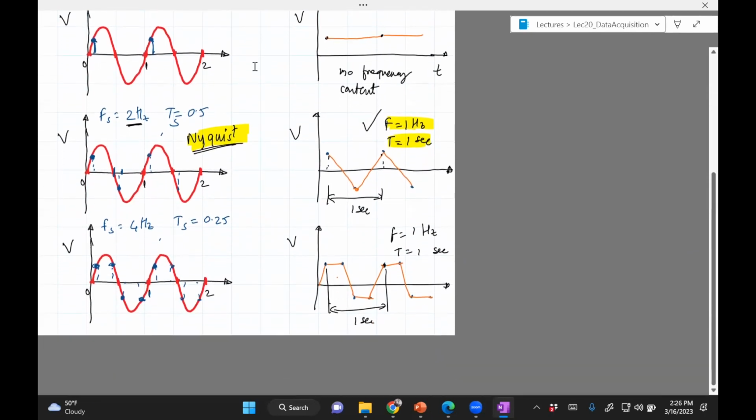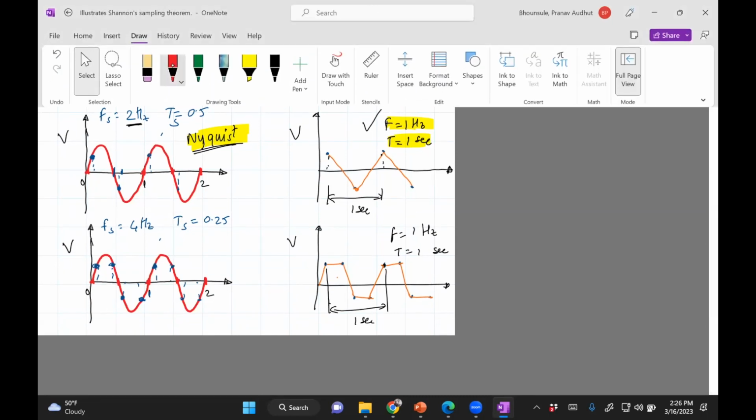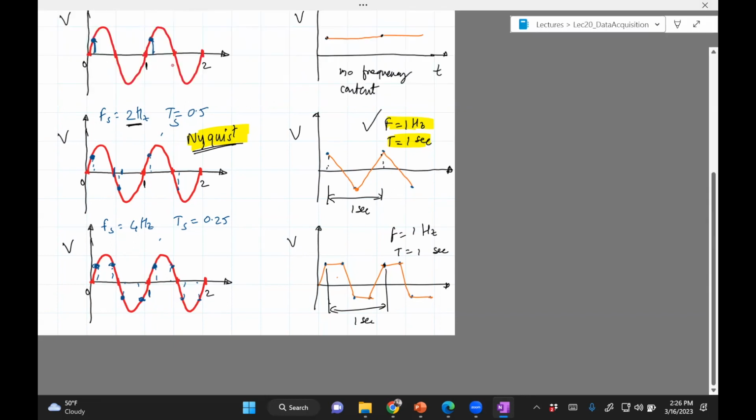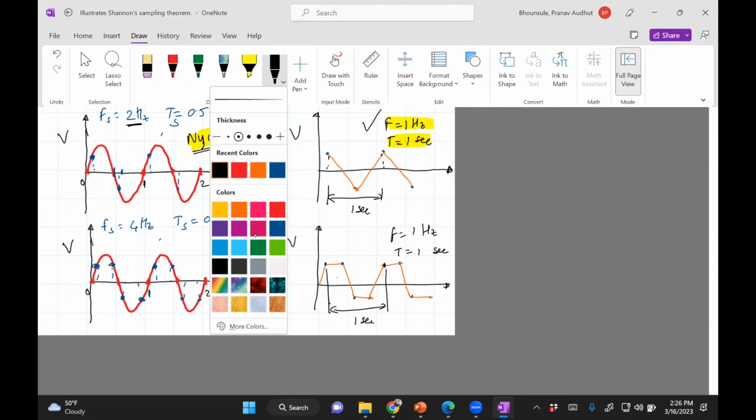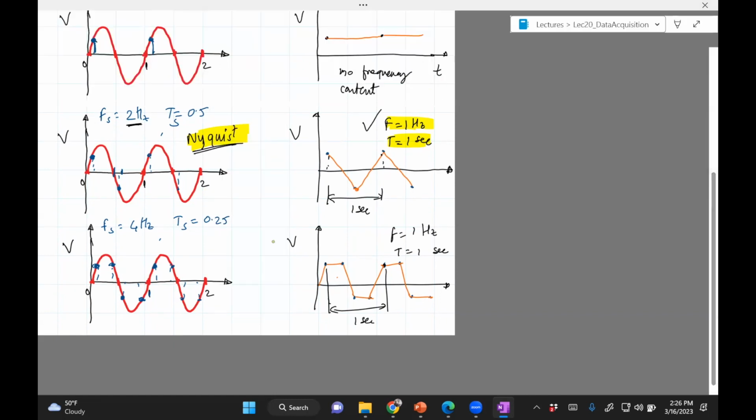Now, though this works with the frequency content, it doesn't quite reproduce the amplitude. So what I mean by that is the actual amplitude is right here. But the reproduction on the right sort of underestimates it, right?